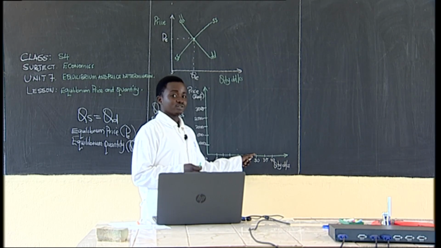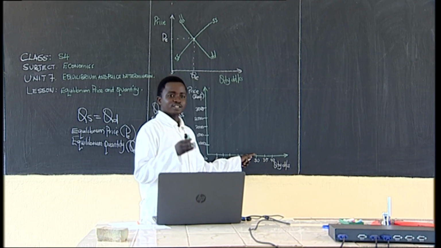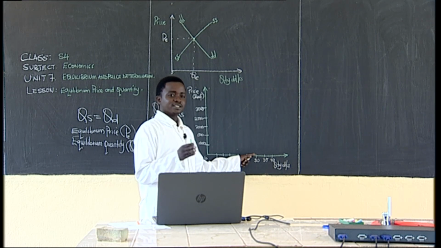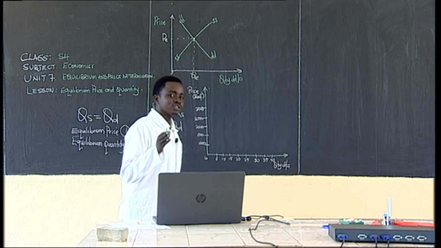That shows an inverse relationship between quantity demanded and the price. Then if you check price and quantity supplied, as price kept on increasing, quantity supplied also kept on increasing. That shows a positive relationship.